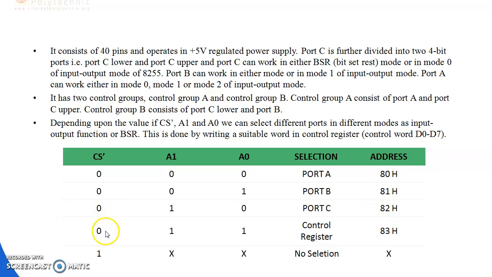Then if CS bar is 0, A1 is 1, A0 is 1, then the selection is the control register, and the address of the control register is 83H. Next, if CS bar is 1, A1 and A0 do not matter, then there is no selection, and no address is present.